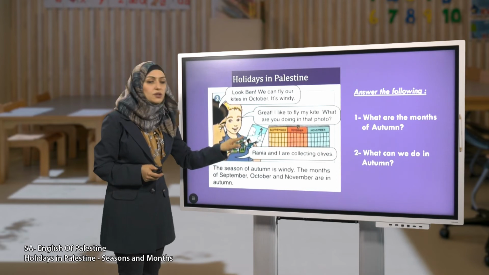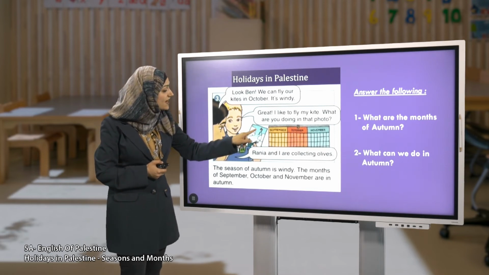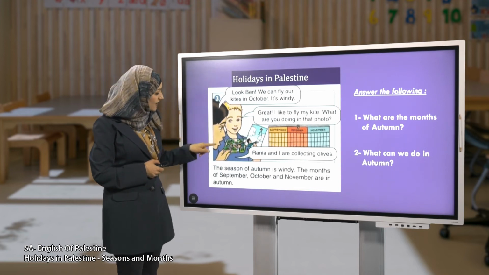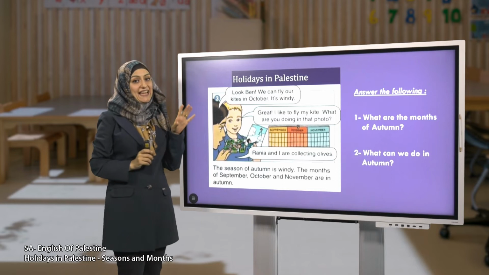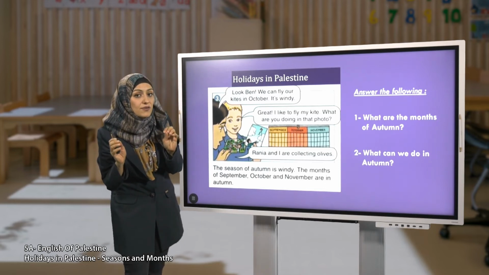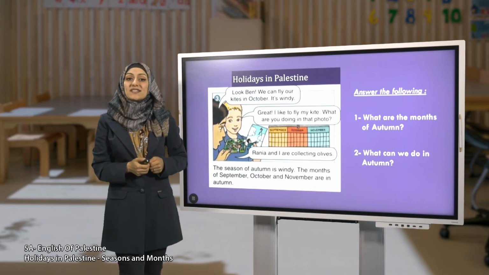What is Omar doing in this photo? He is flying his kite. Look at Rania. What is she doing in this photo? She is picking olives. Now, let's listen carefully to their conversation and answer some questions.